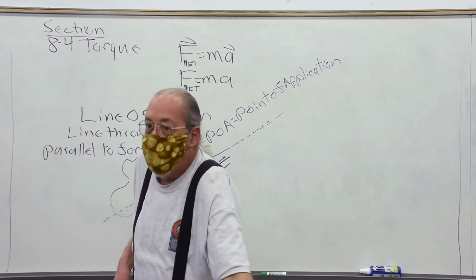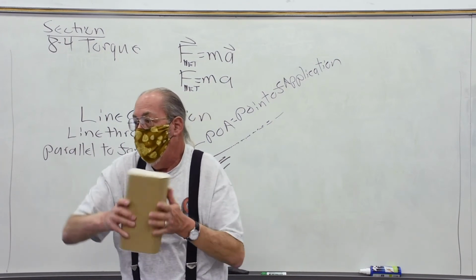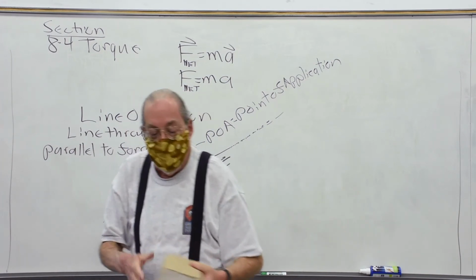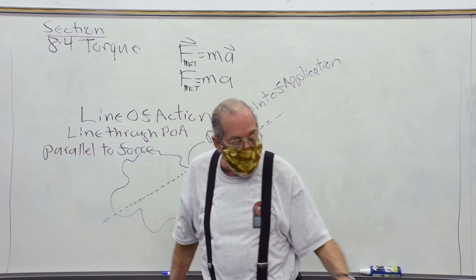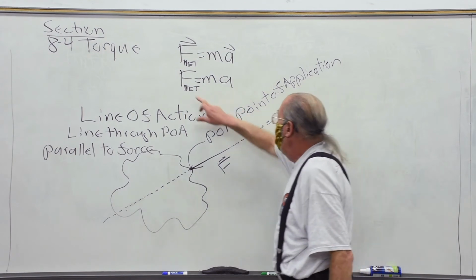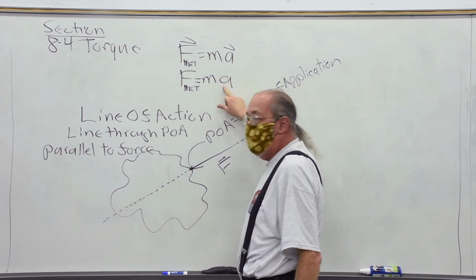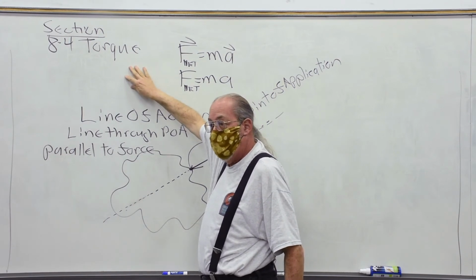Or if it's already rotating, it could be spinning already, okay? Its spinning won't change. In fact, the best way to think about what a torque is that forces cause velocities to change, torques cause rotation to change.